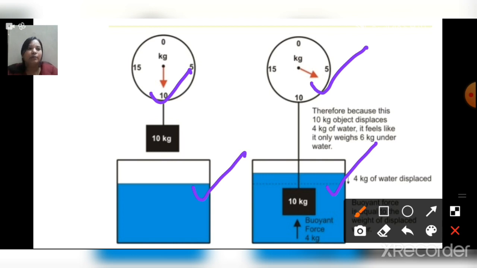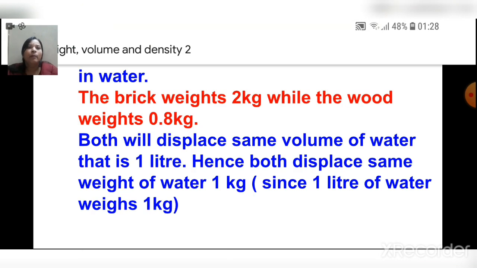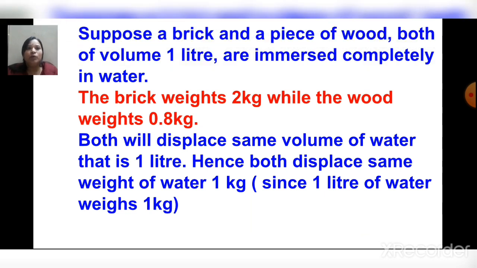This is Archimedes principle. Now children, suppose a brick and a piece of wood both have a volume of 1 liter and are immersed completely in water. They are put completely in water. Now the weight of brick is 2 kg while the weight of wood is 0.8 kg.